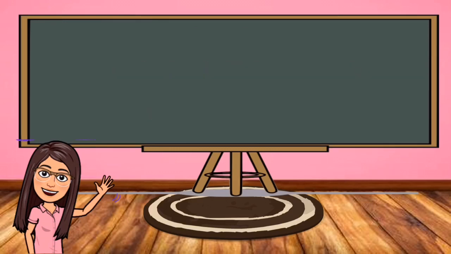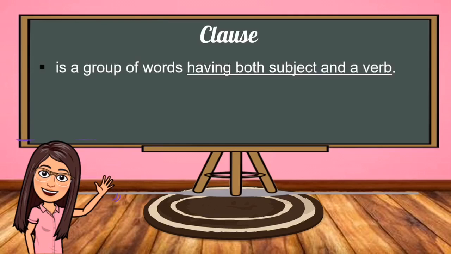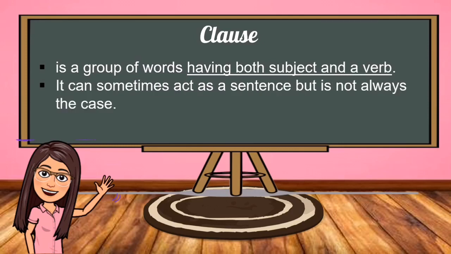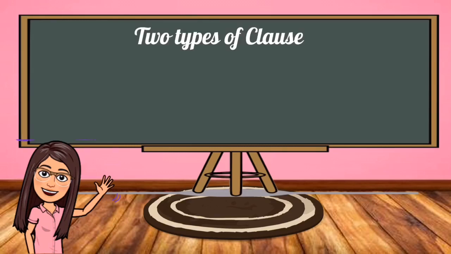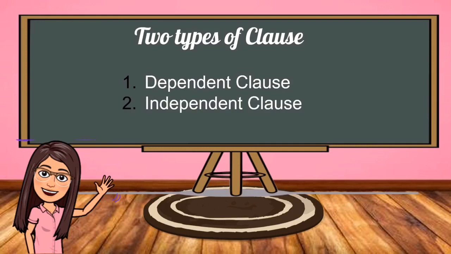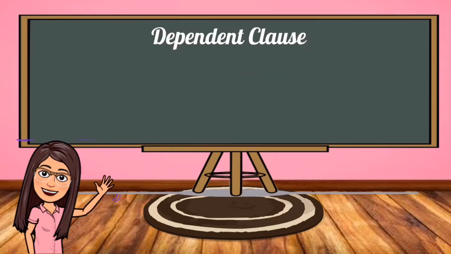Now let's define clause. A clause is a group of words having both a subject and a verb. It can sometimes act as a sentence, but it's not always the case. Now we have the two types of clauses, which are dependent clause and independent clause. The dependent clause is one that cannot stand alone as a sentence.